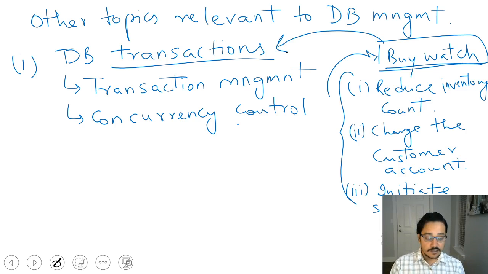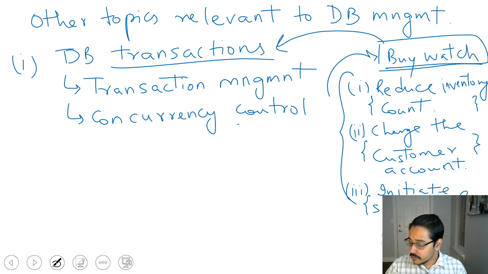It is a transaction which has a set of related queries which needs to be executed in an atomic fashion. What that last part means, the atomic fashion, is that all of these activities, that is, reduce the inventory count, charge the customer account, initiate the shipment, for that particular transaction need to be executed entirely.